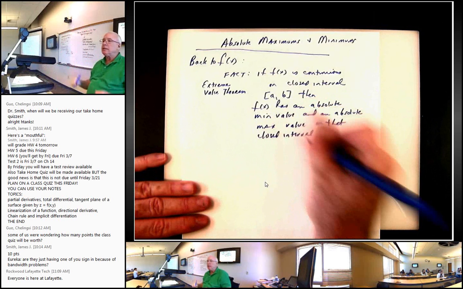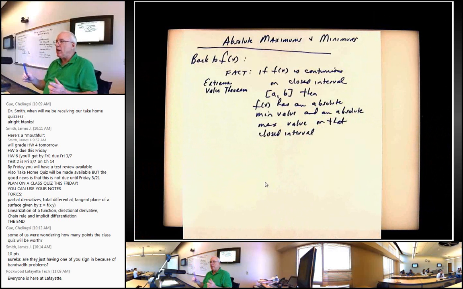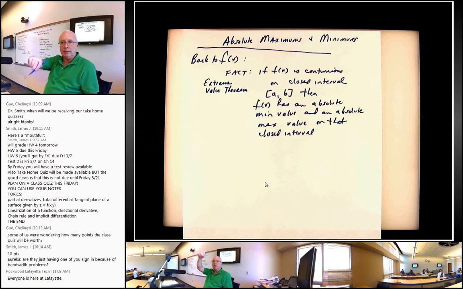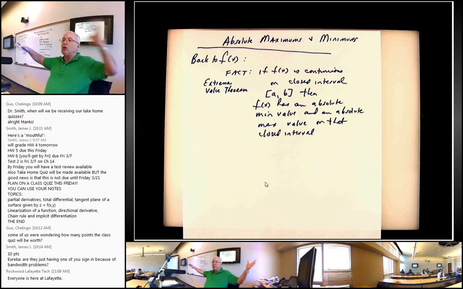And what we mean is there is some value of x on that interval where we have the biggest value in that interval for the function, and some other point where we have the smallest value on that interval. We're not talking about the whole domain of f of x.